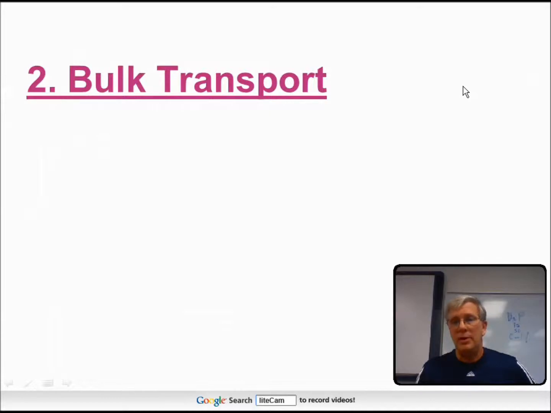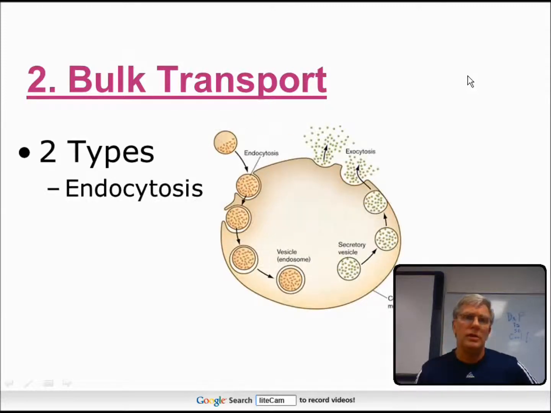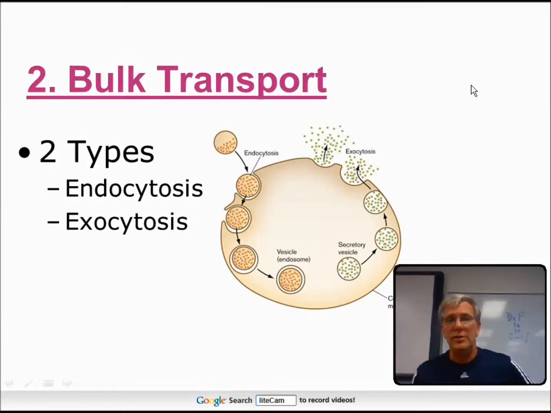The second type of active transport is referred to as bulk transport. And this is moving large particles or large amounts of substances across the cell membrane, either into the cell or out of the cell. The two types of bulk transport are endocytosis and exocytosis.